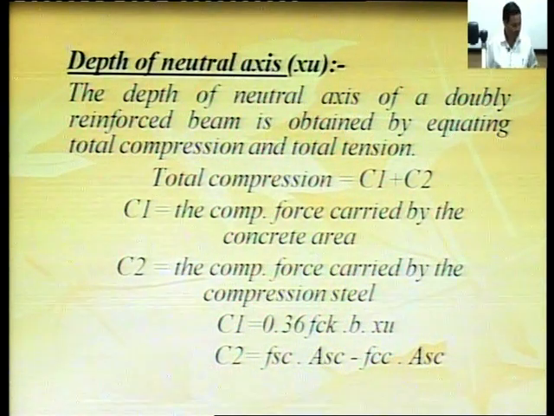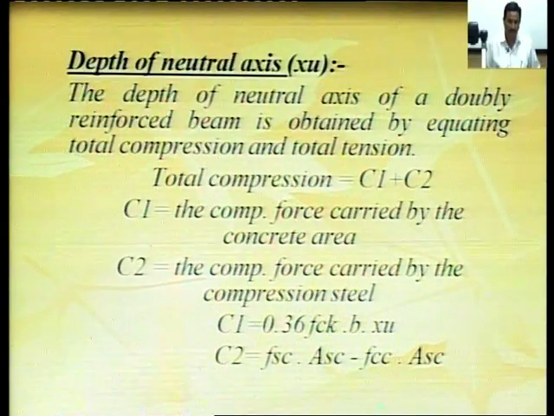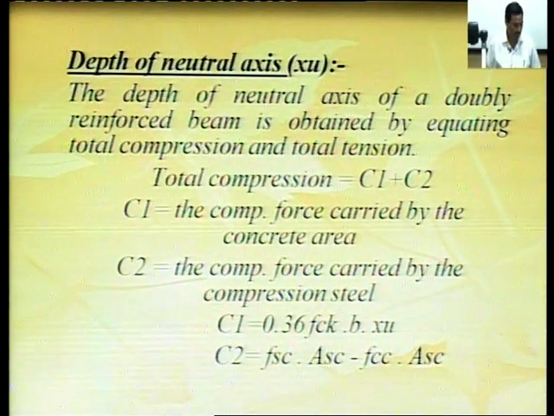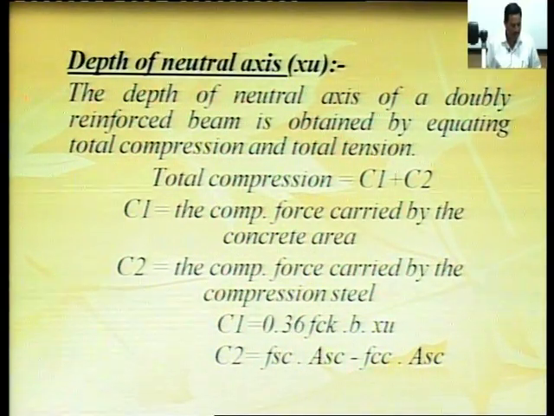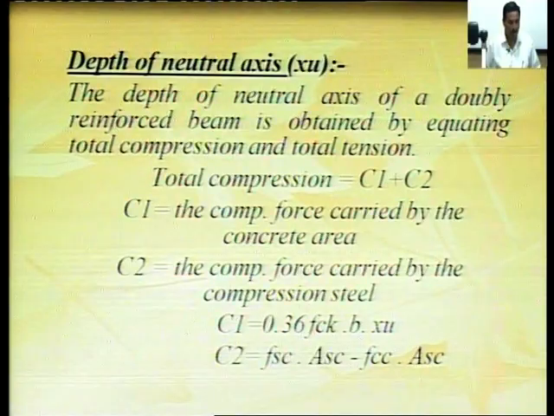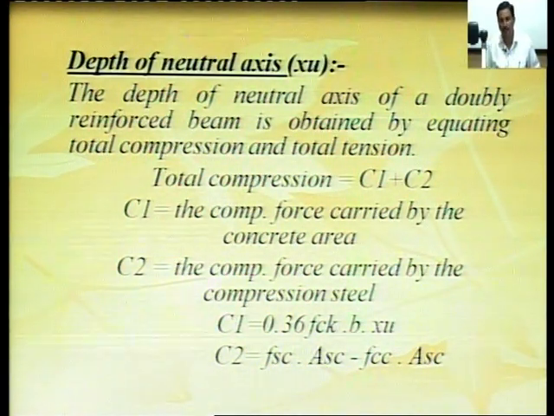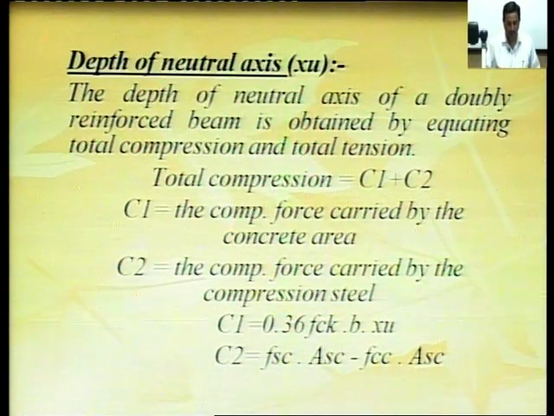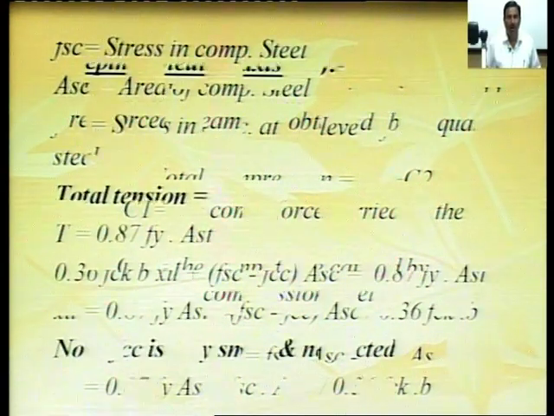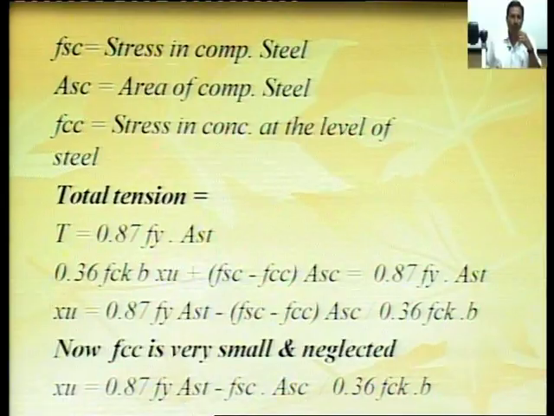C2 is equal to fsc into Asc minus fcc into Asc, where fsc is the stress in compression steel, Asc is the area of compression steel, and fcc is the stress in concrete at steel level. Total tension T is equal to 0.87 fy Ast.